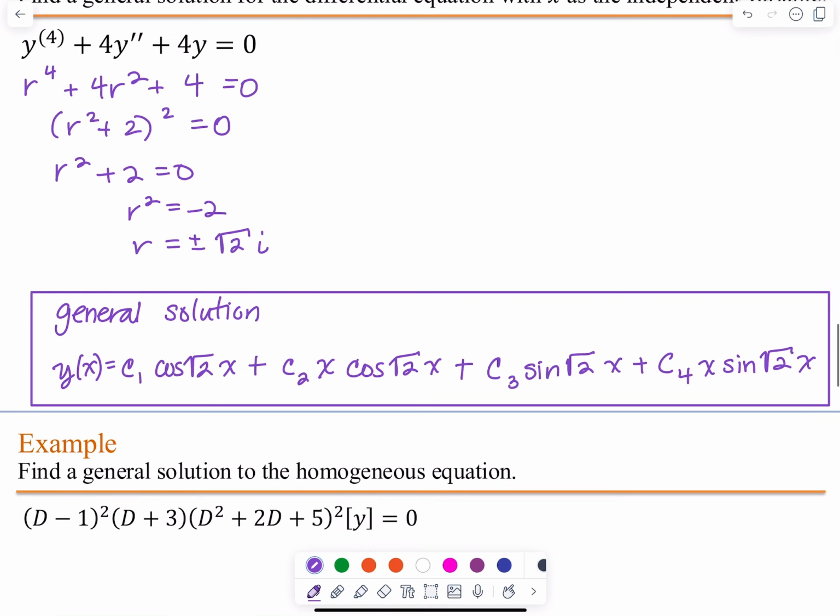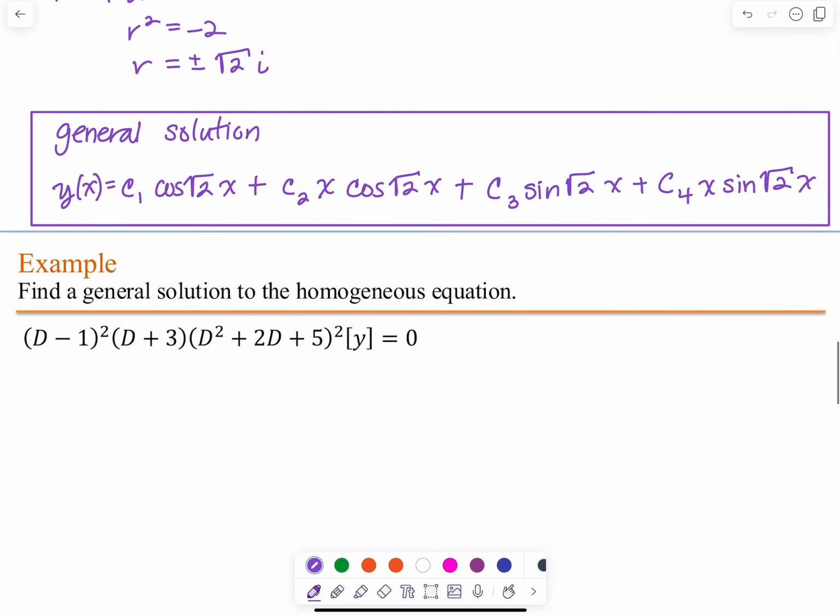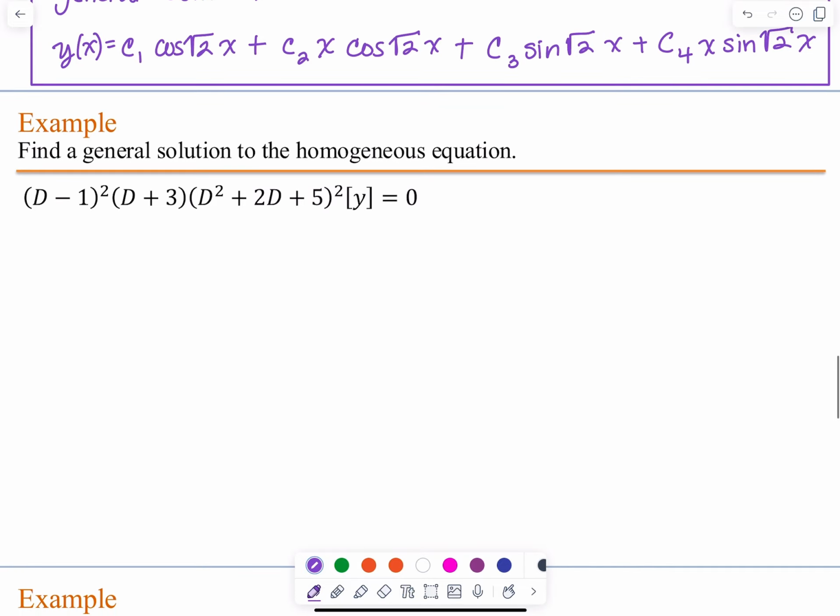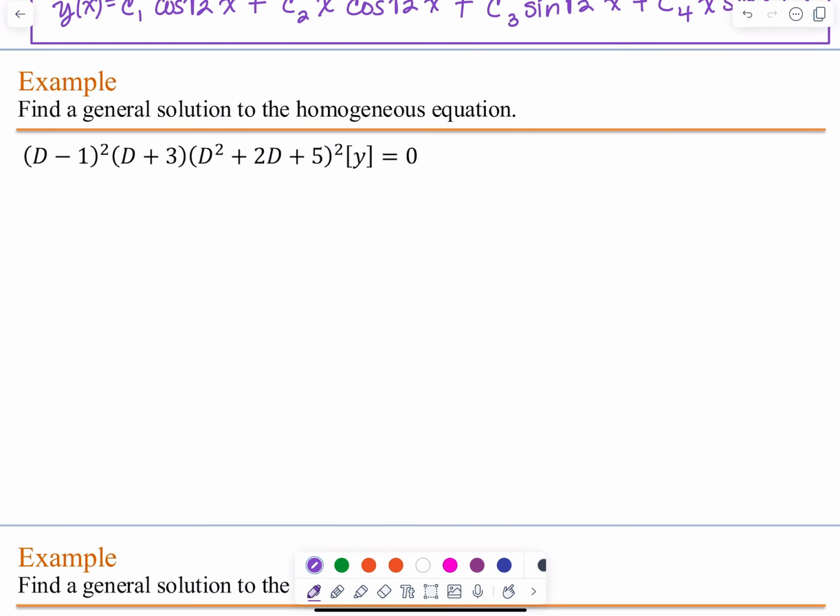Okay, let's take a look at our next example. Find a general solution to the homogeneous equation shown below. And here we have our operator notation. And so we can go ahead and write our auxiliary equation. So here we have r minus 1 squared, r multiplied by r plus 3, r squared plus 2r plus 5, all squared is equal to 0.